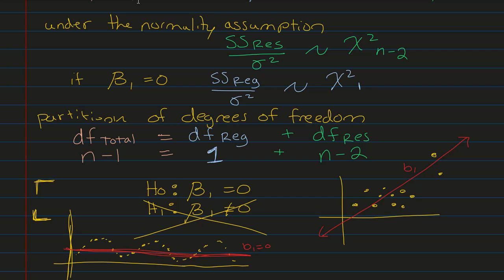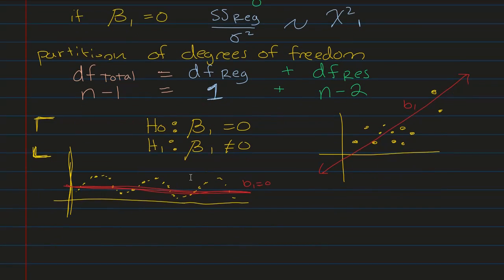So you feel pretty good about the fact that you just failed to reject that null hypothesis, and then you incorrectly conclude that there's no relationship between x and y, when in reality all you can conclude is that there's not enough evidence for a linear relationship between x and y. Okay, so those are the two biggest misconceptions regarding this hypothesis test, so you want to be careful that you don't fall into those traps.